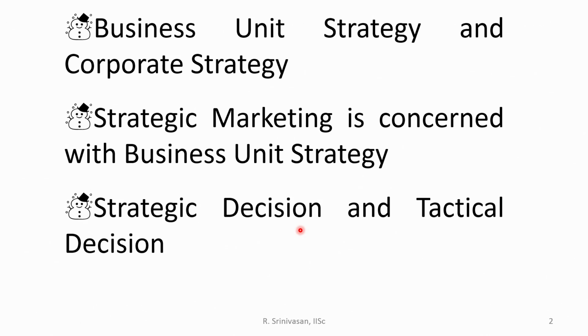So, when you are looking at a business unit, you are looking at strategic marketing with respect to the business unit. When you are looking at the company as a whole, you are looking at corporate strategy. A strategic decision cannot be reversed. A tactical decision is dynamic in nature, and it depends on the situation that is prevalent in the market.